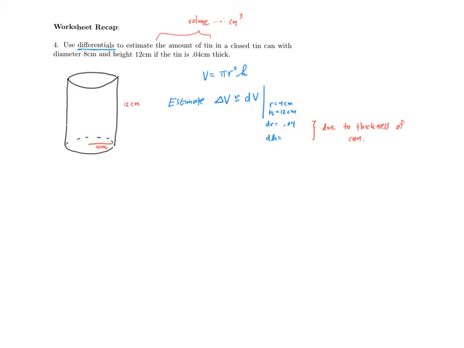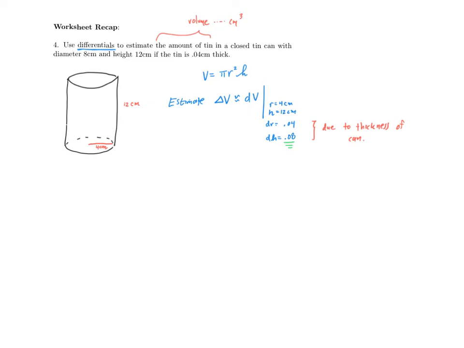However, if we focus in on the height, the thickness is affected on both ends. The thickness associated to the top and the thickness associated with the bottom. That is to say, dh, instead of being 0.04, would be 0.04 plus 0.04, so a total of 0.08. And this, I believe, is the biggest difficulty associated with the problem.